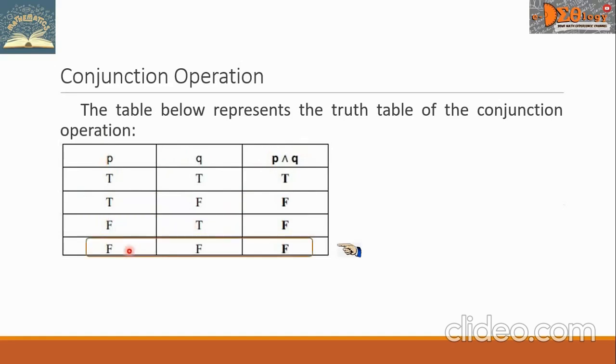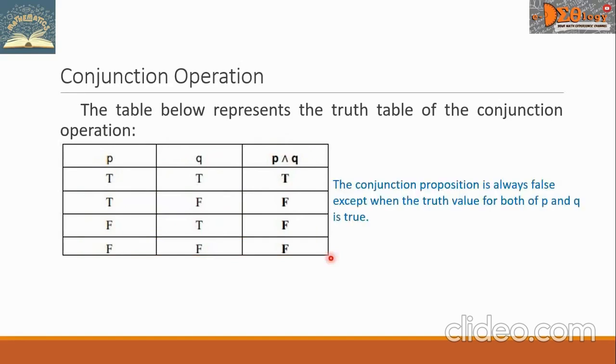When P is false and Q is false, then P and Q is false. The conjunction proposition is always false, except when the truth value for both of P and Q is true.